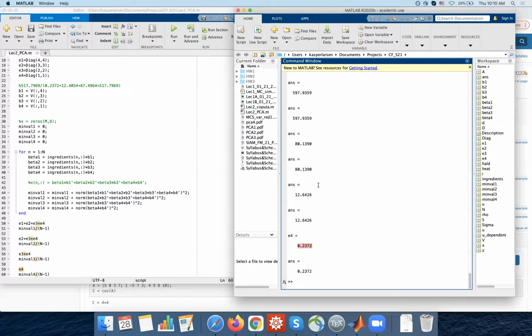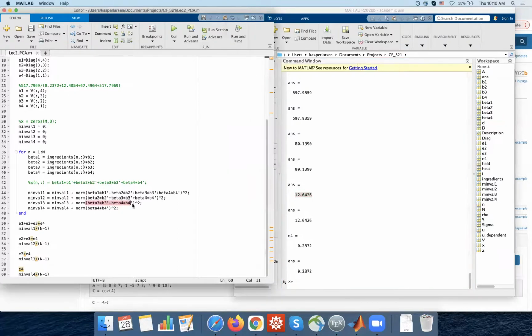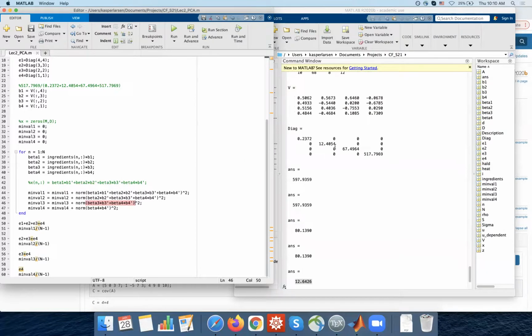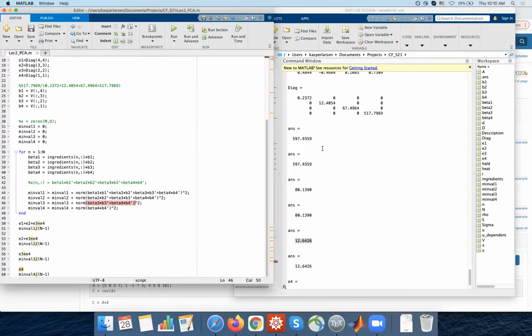So my lower dimensional space is 2-dimensional. So I'm projecting from a 4-dimensional space to a 2-dimensional space. And this is the remaining error. This is this quantity that we have over here. This is the remaining error. And that will just be the sum of the lowest two eigenvalues, because those are the ones that I'm excluding. And so on.